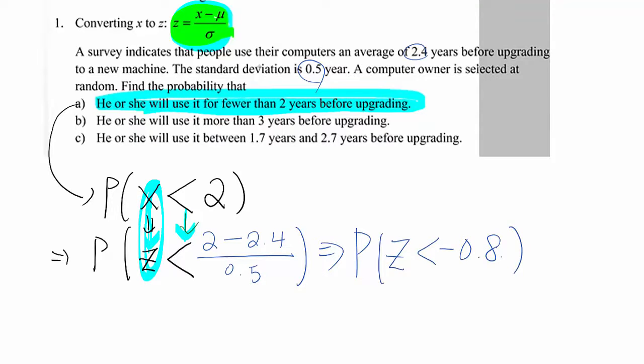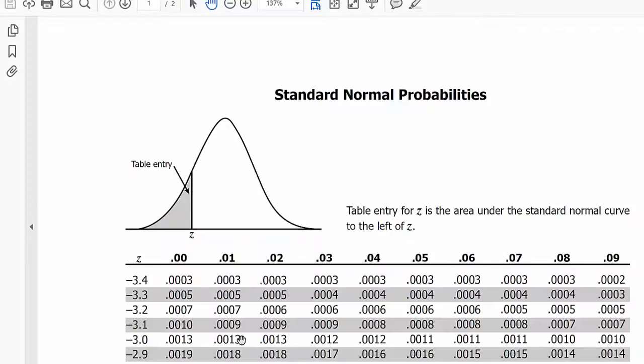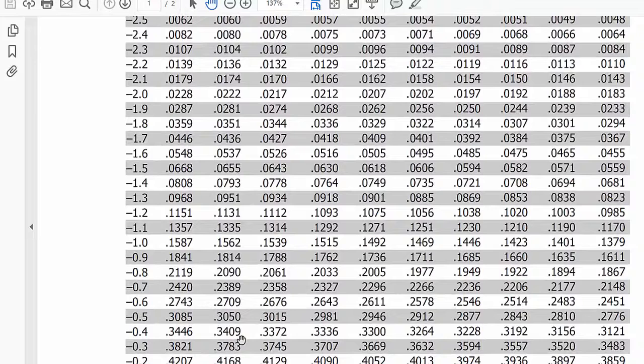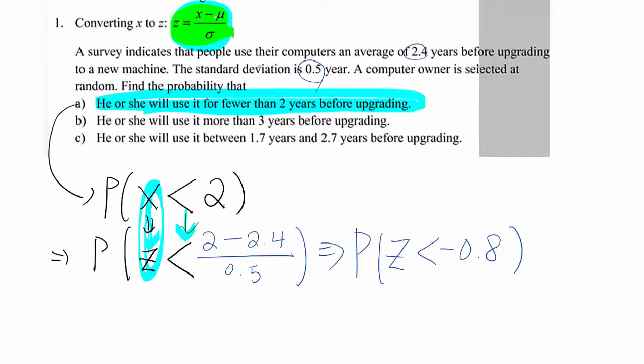Okay, now we switch to z-score in this case, so we need to read z-table. So therefore z is negative 0.8, so go to z-table, negative 0.8, which is right here basically, which is 0.2119. So we can say this is 0.2119.